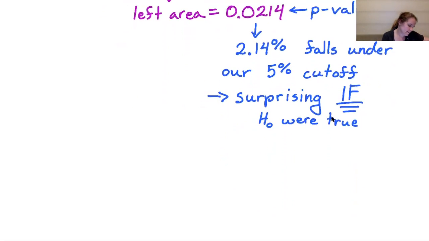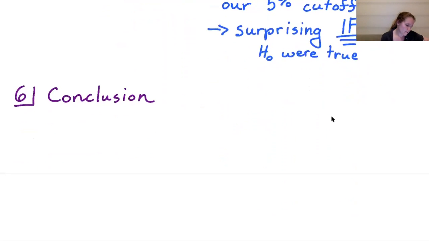So our last step is our conclusions. So again, since we have surprising, that leads us to think the null hypothesis is wrong. And so we can go ahead and conclude our alternative hypothesis.